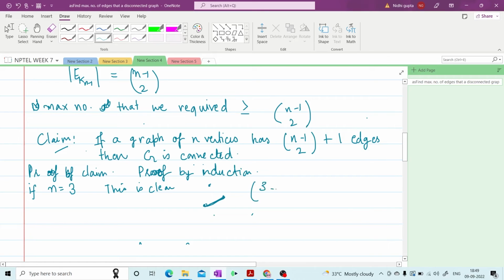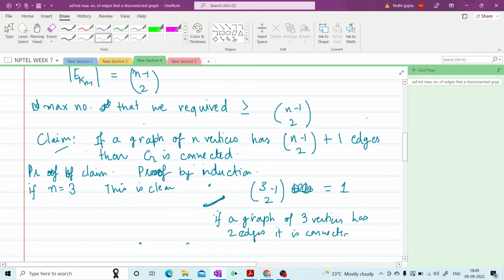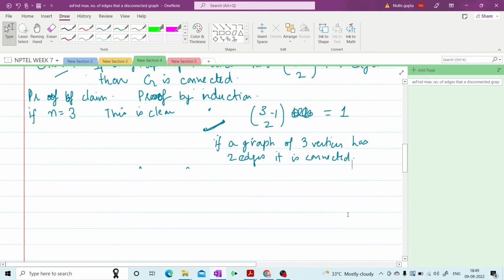And you see that 3 minus 1 choose 2 is 1. So if a graph of 3 vertices has two edges, it is connected. So for n equal to 3, we see that this is trivial.